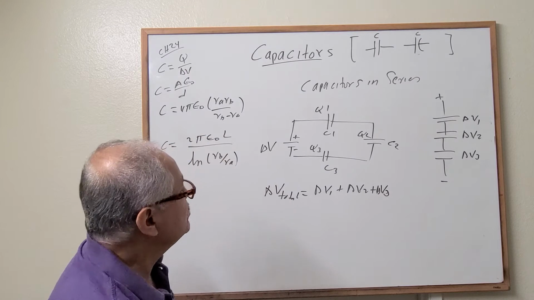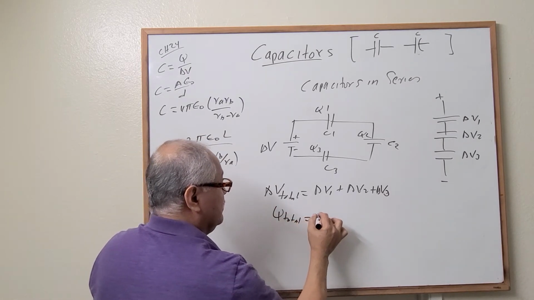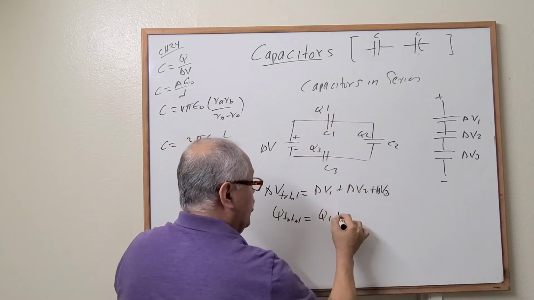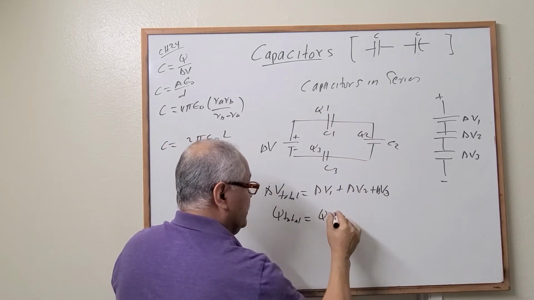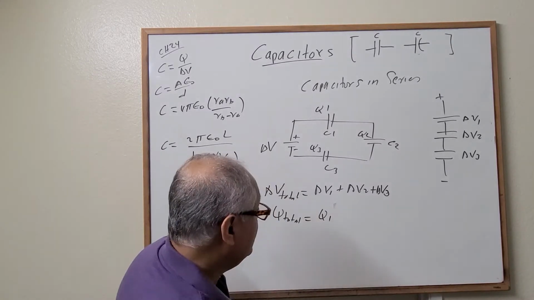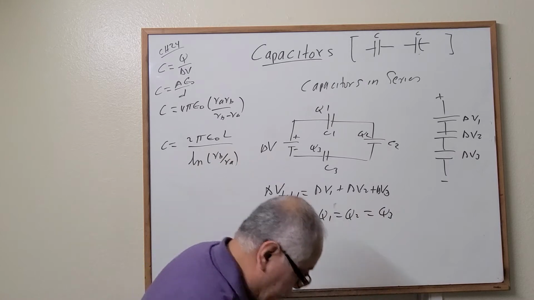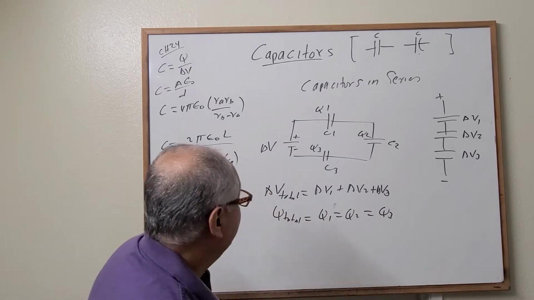The charge is constant. The total charge is equals to the charge on capacitor 1, also equals to the charge in capacitor 2, also the charge in capacitor 3. Correct? Perfect.